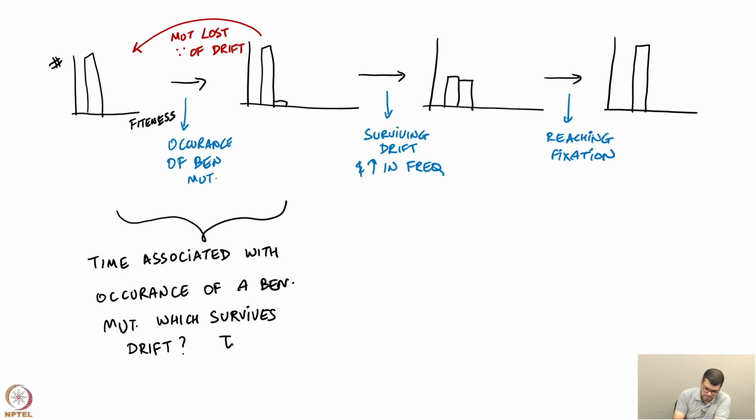Let us call this time as tau occurrence. So, this is the time that I have to wait on an average for a beneficial mutation to occur and be able to survive drift.